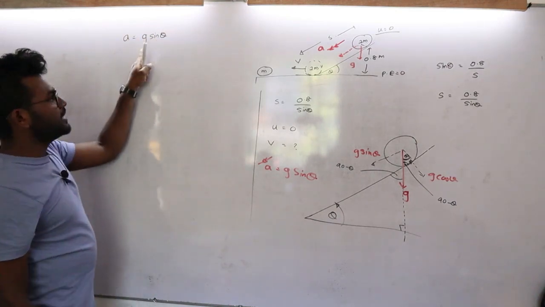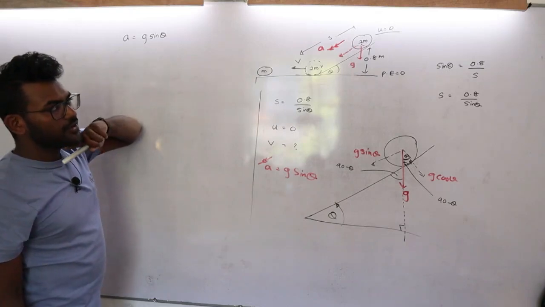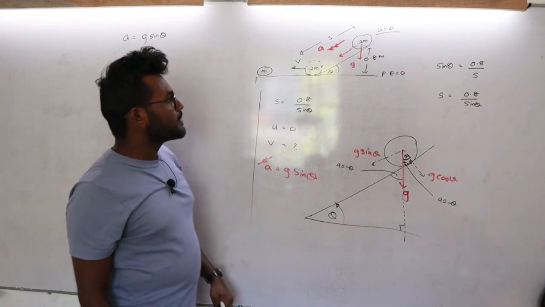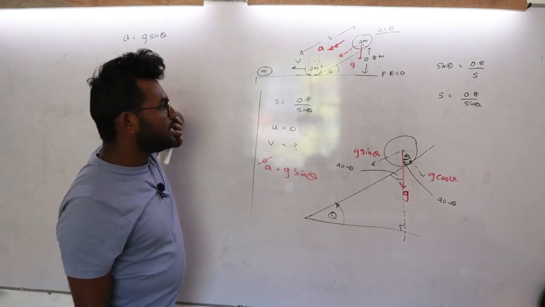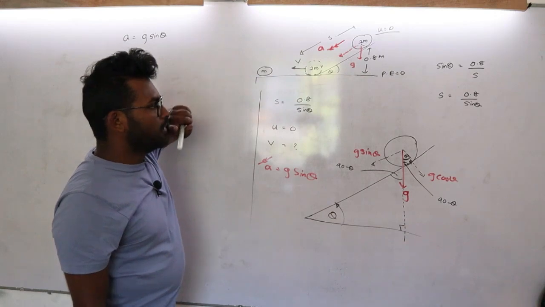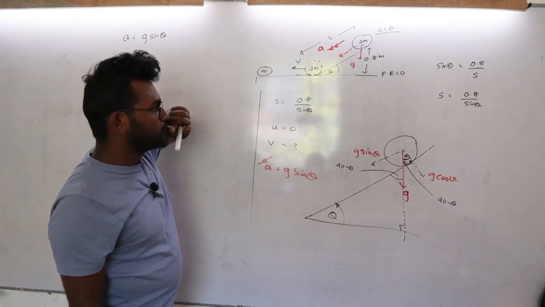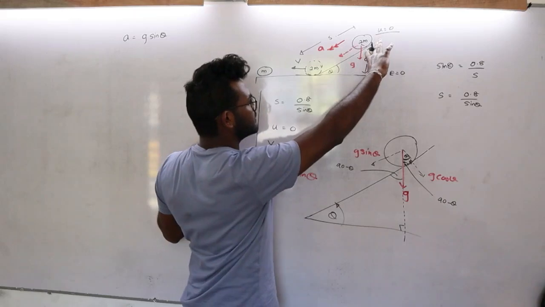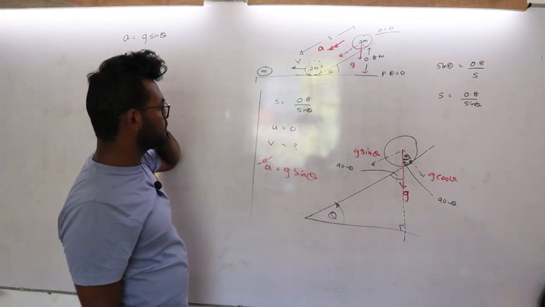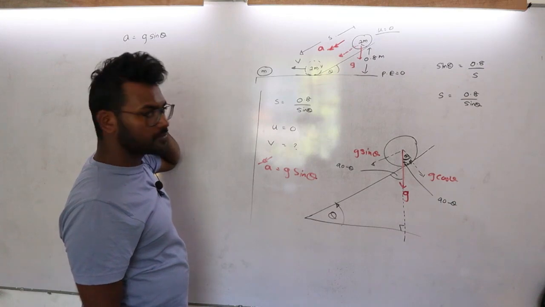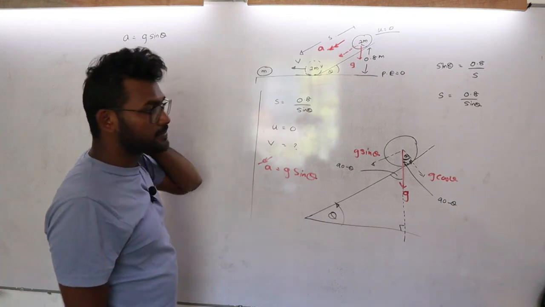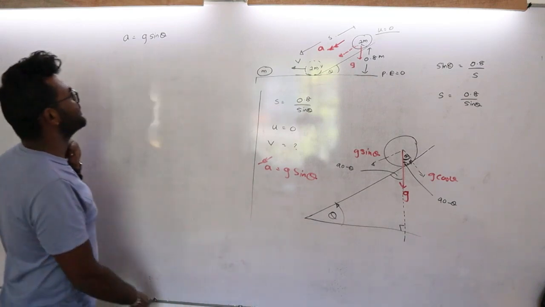We know the g, but the issue here is we don't know the sine theta, right? Well, how can we find that out? We know this height. Do you have a clue with that?